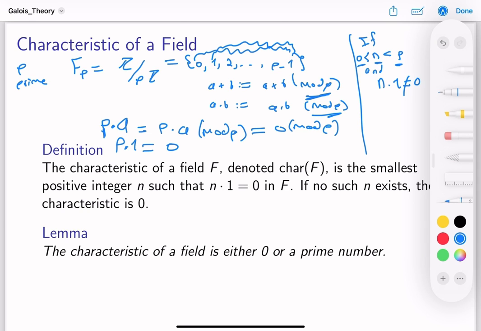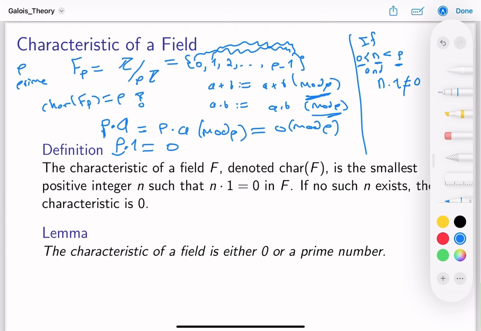So if you multiply any of these by 1 and take mod p, you don't get 0. This is why p is the smallest positive integer where p dot 1 is 0, which means that the characteristic of F_p is p. This is a very important thing to keep in mind.